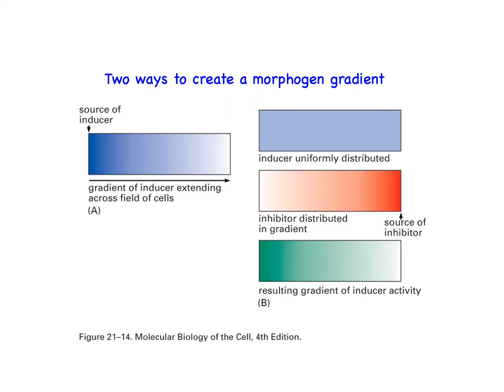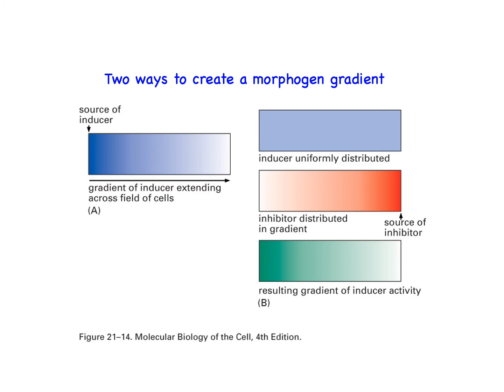Now I want to talk a little bit about how these genes affect gene expression, how we develop these complex patterns of expression, starting here with the polarity genes. This shows 2 ways to set up a morphogen gradient in an embryo, like a Drosophila embryo. One is to express a gene at the very end, in this example shown at the anterior end, and let it diffuse towards the posterior end, forming a gradient.